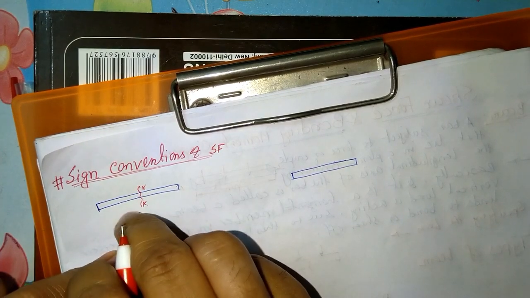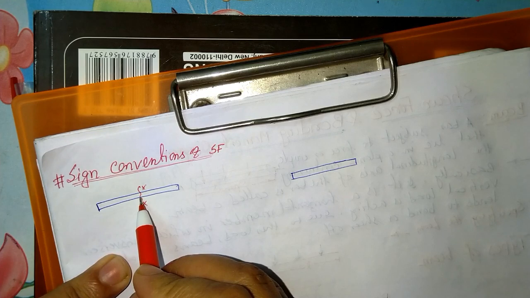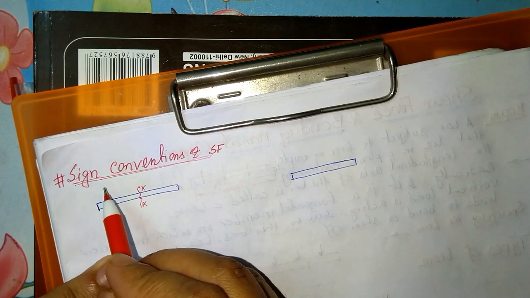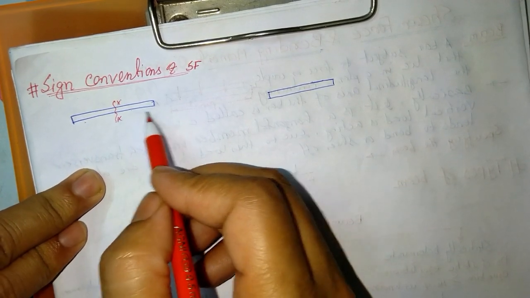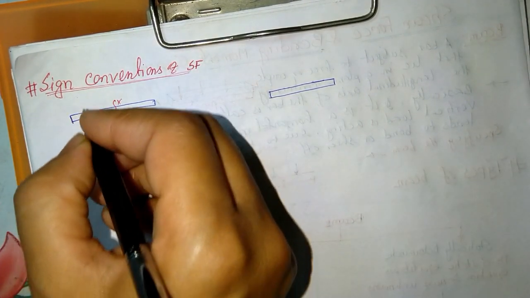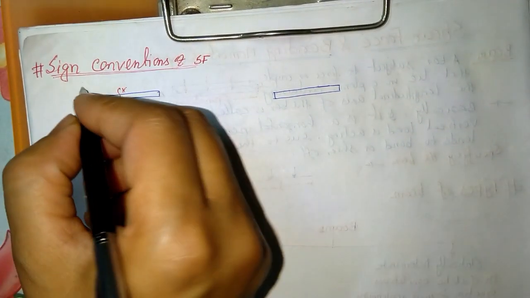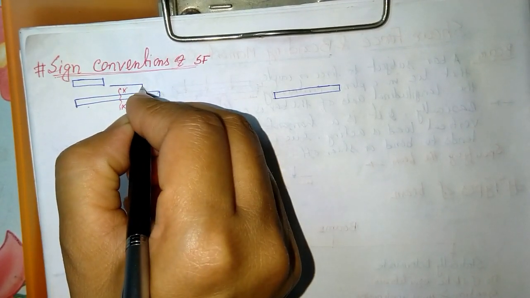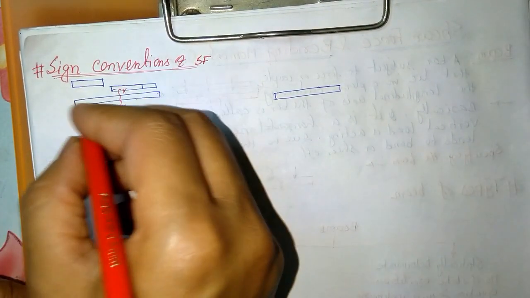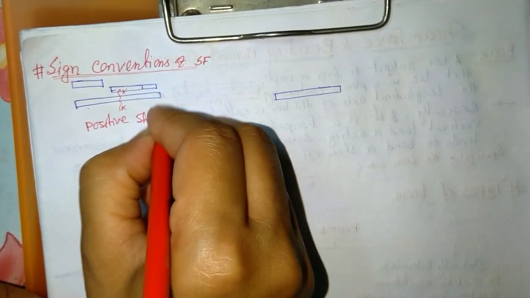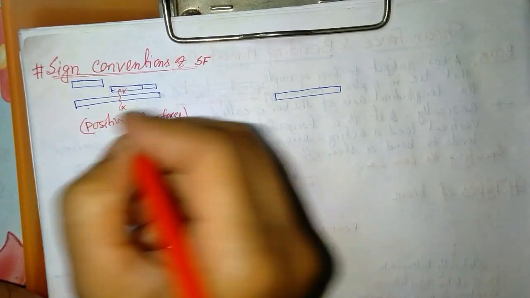If the forces act such that the left portion of the section is going upwards with respect to the right portion, then this shear force is assumed as positive.